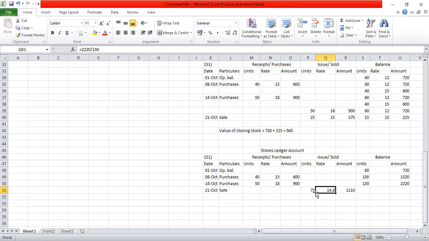So 75 units valued at 14.8 gives us 1110. Out of 150, if 75 are sold, the balance of 75 would be here. So 75 will also be valued at the same 14.8, and then the value of closing stock will be 1110.